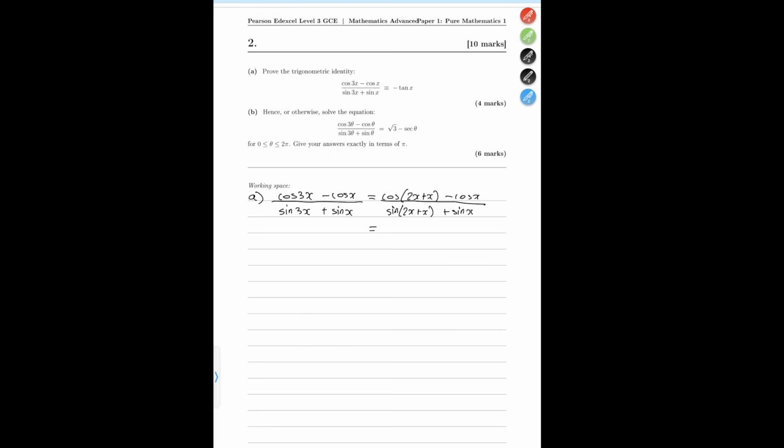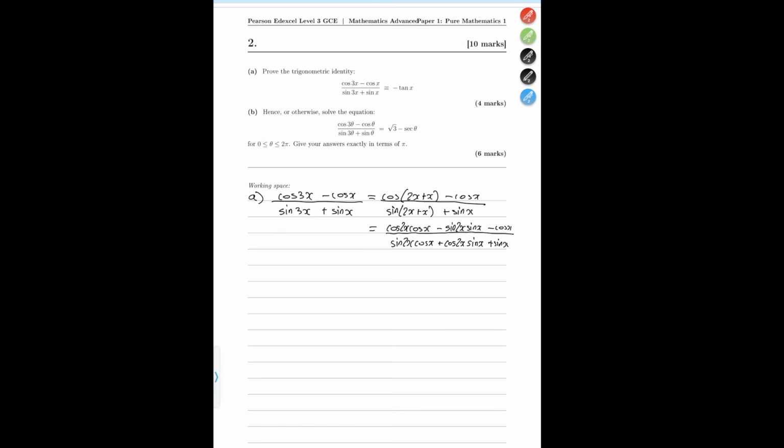So that's going to give us cos 2x cos x minus sine 2x sine x minus cos x, all over sine 2x cos x plus cos 2x sine x plus sine of x.